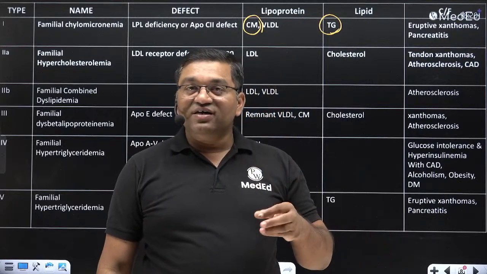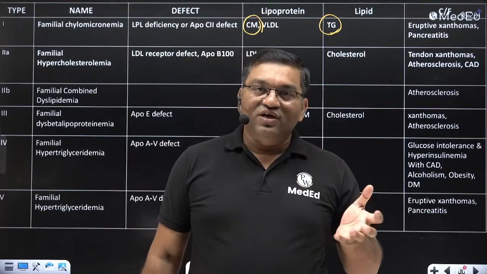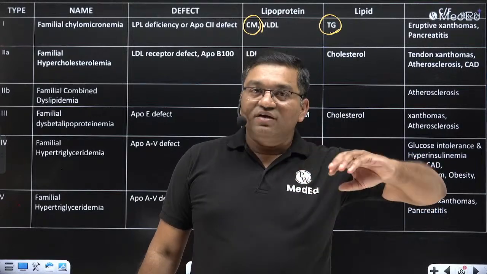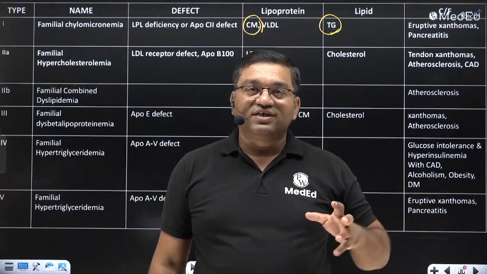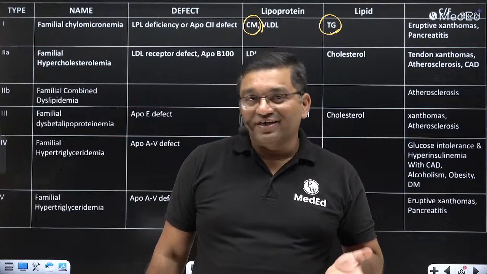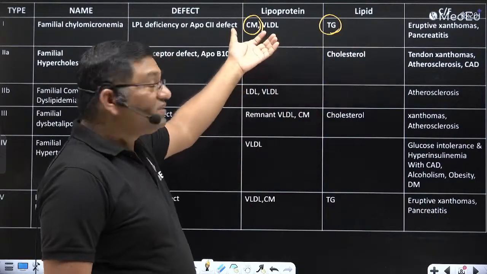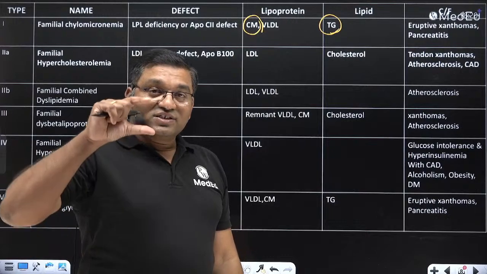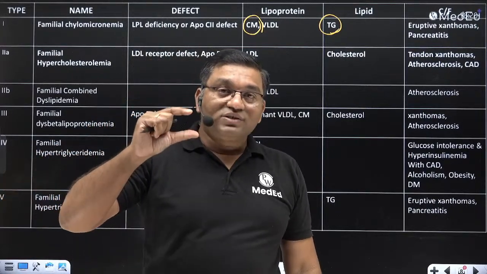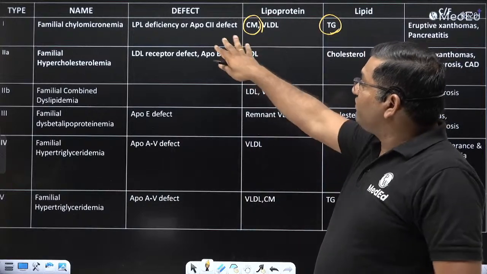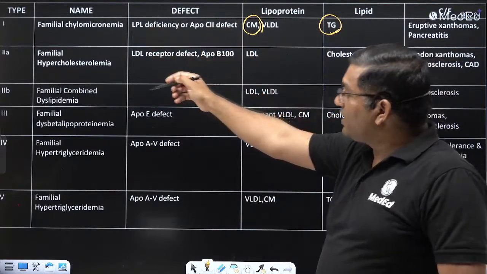TG level is very high, 1000, 2000, 3000 or higher, like 1200, 1300 or 2400. Because of the increase in chylomicron level, the serum looks milky, lipemic. This is a feature of familial chylomicronemia type 1.